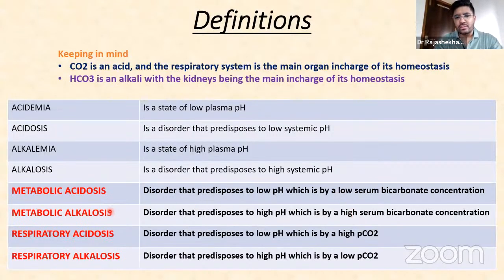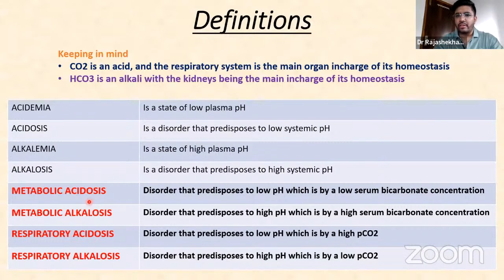Metabolic alkalosis predisposes to high pH by having a high serum bicarbonate concentration. In respiratory acidosis, the primary disturbance is in the carbon dioxide. If the carbon dioxide is high, it is respiratory acidosis. In respiratory alkalosis, the carbon dioxide concentration will be low. So this is the primary definition.